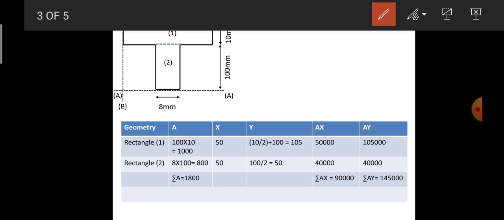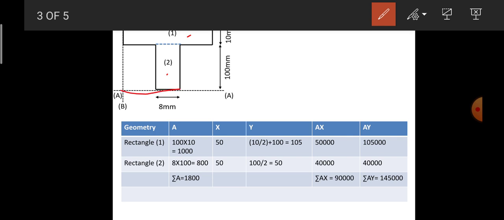Before determining the centroid, we are supposed to divide the overall T section into two rectangles, that is rectangle 1 and 2. Also, for the determination of the centroidal distance in the horizontal and vertical direction, we are supposed to assume some reference axis.